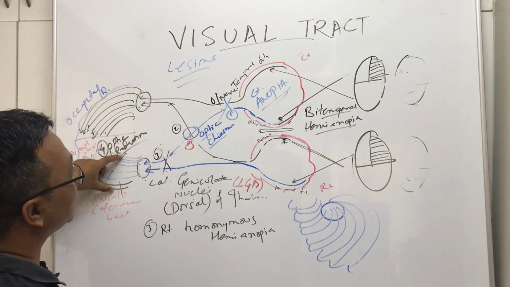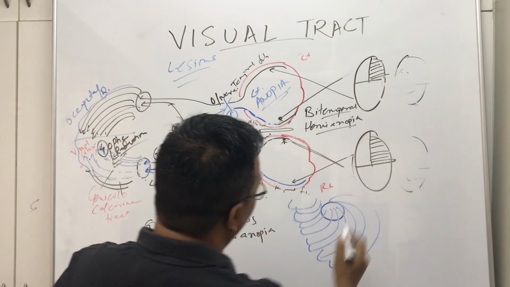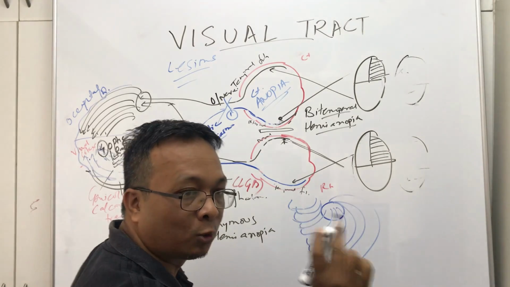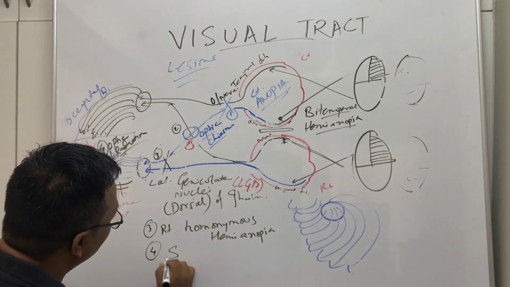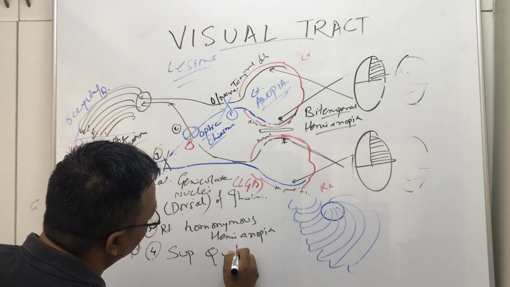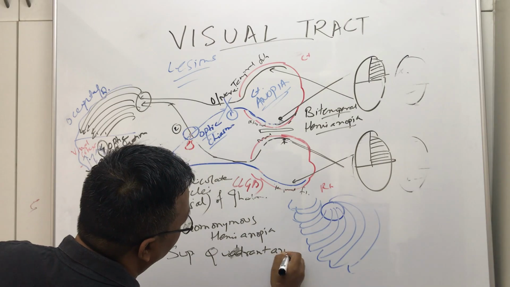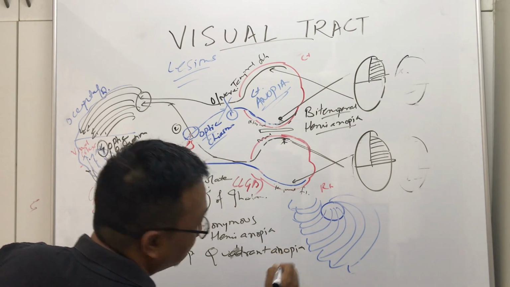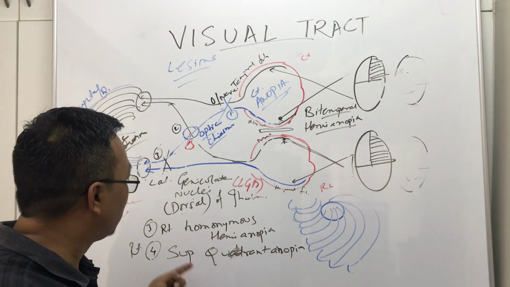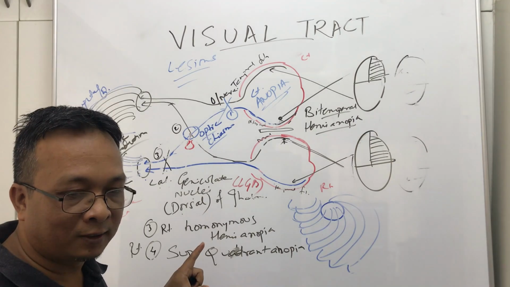Because in the optic radiations just a few of the fibers are damaged, we call it the superior, just a little bit portion, one quadrant. So right superior quadrantanopia. Anopia means blindness. So right superior quadrantanopia. So these are the 4 visual tract lesions.